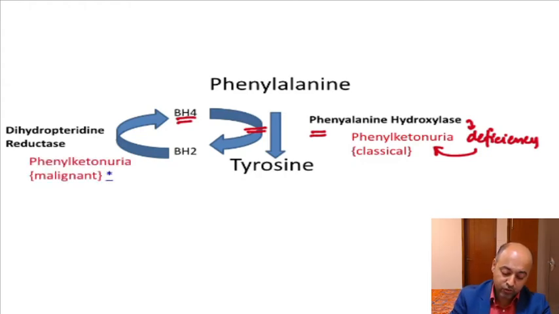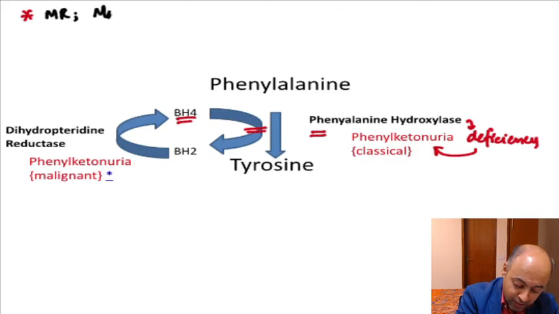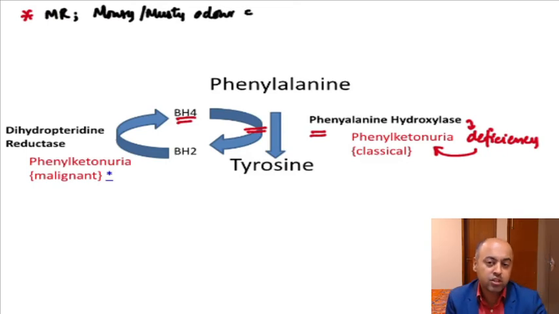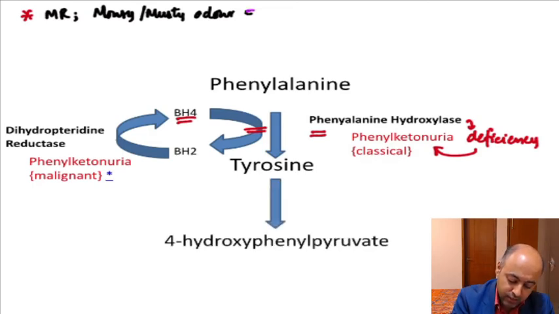What all do you have to remember for phenylketonuria? Number one, it will present with mental retardation. Number two, you will have a mousy or musty odor, which is due to the phenyl acetate.